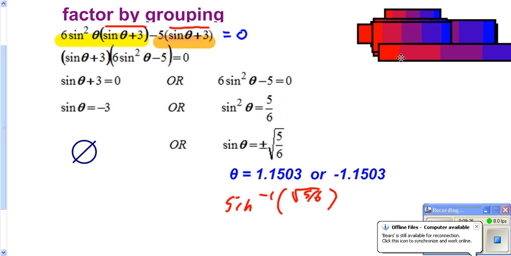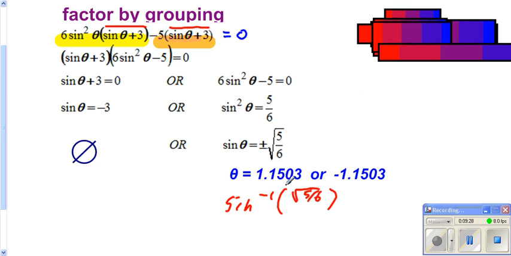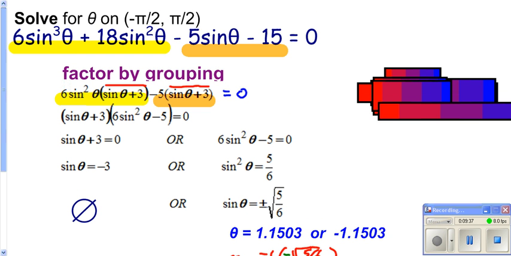To get the second one, you would do the same thing, but you'd have the negative in front. And in either case, you get your 2 answers. Remember, sine inverse is defined to be between negative pi over 2 and positive pi over 2, and that's what we were looking for our answers in between.